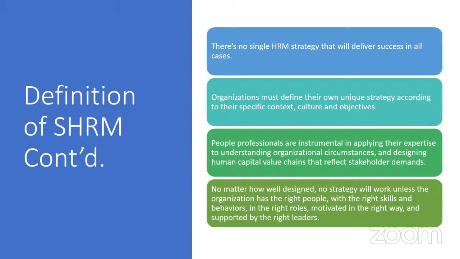Some will tell you we have good strategies, but we don't have the right people with the right skills to meet up with these strategies. So for strategic HRM to work, we must have the right people with the right skills and behaviors in the right roles, motivated in the right way, and supported by the right leaders.